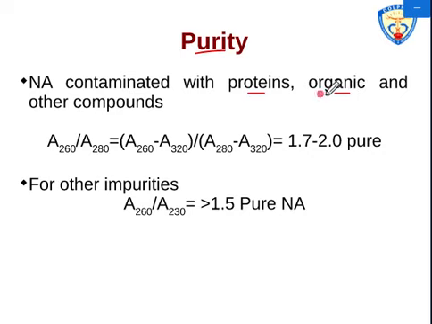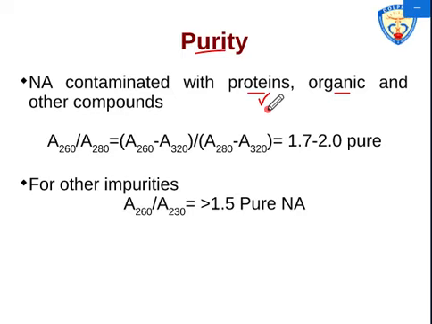So those organic reagents might remain in the final preparation, and you need to check whether the extract is pure or contaminated. This absorption property can be used to figure that out. Some samples have a protein contamination. We deproteinize the sample using proteases and phenol and other reagents, but still it might be contaminated with proteins.